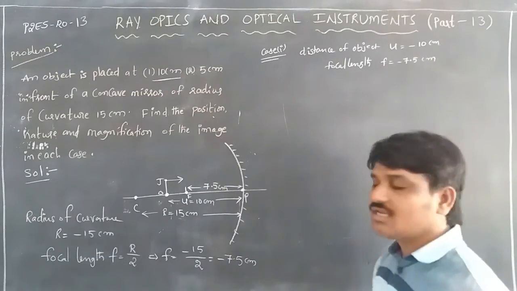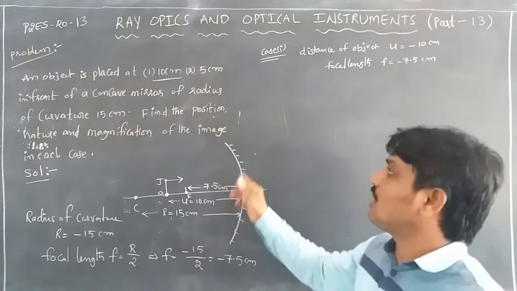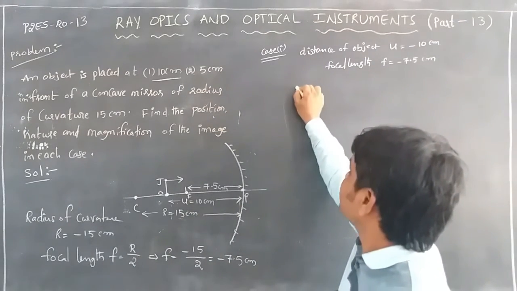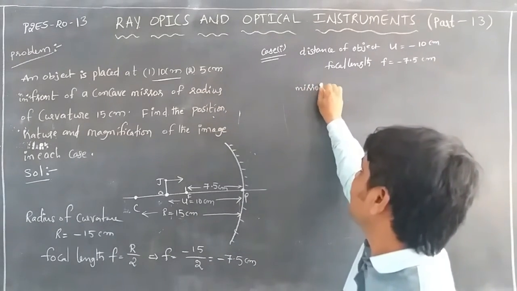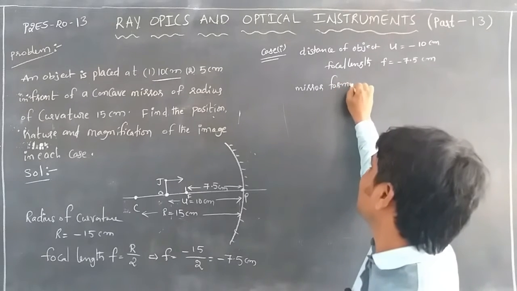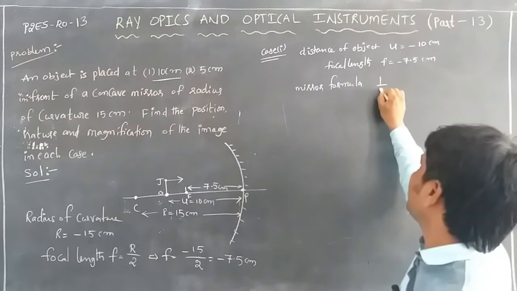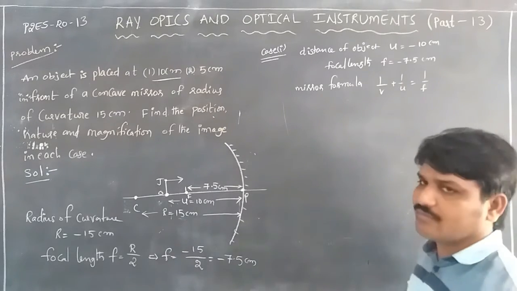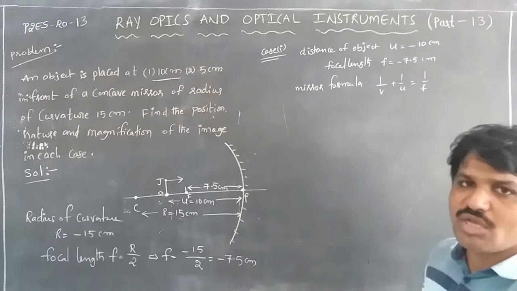Then to find the position of the image, from the mirror formula, 1 by v plus 1 by u is equal to 1 by f.